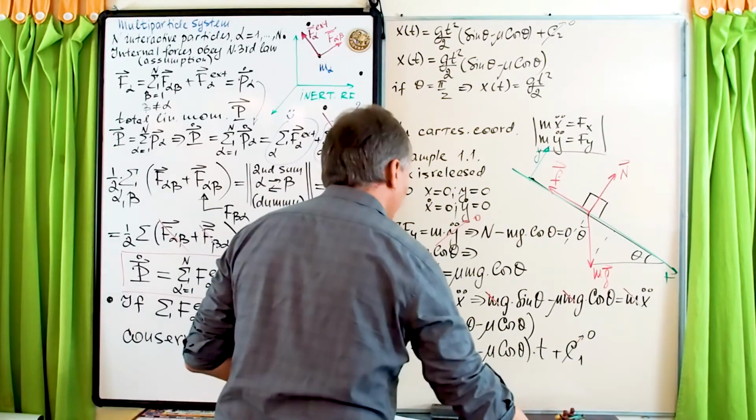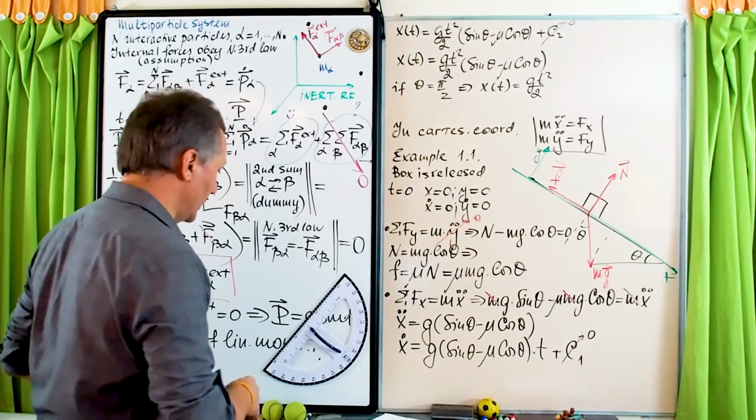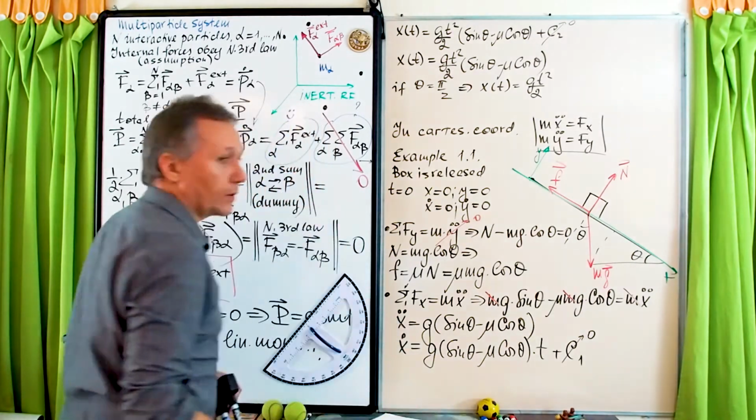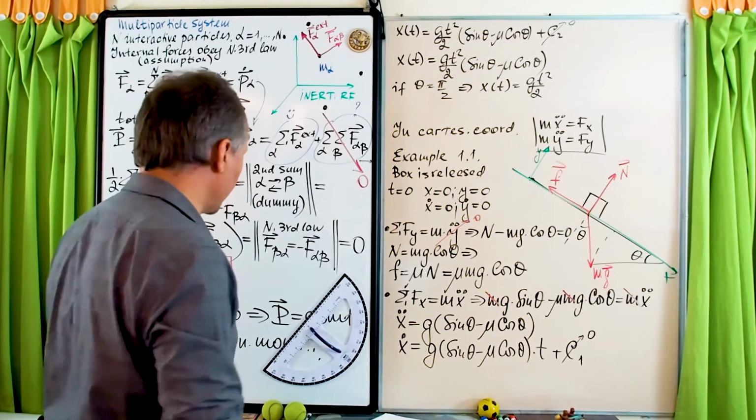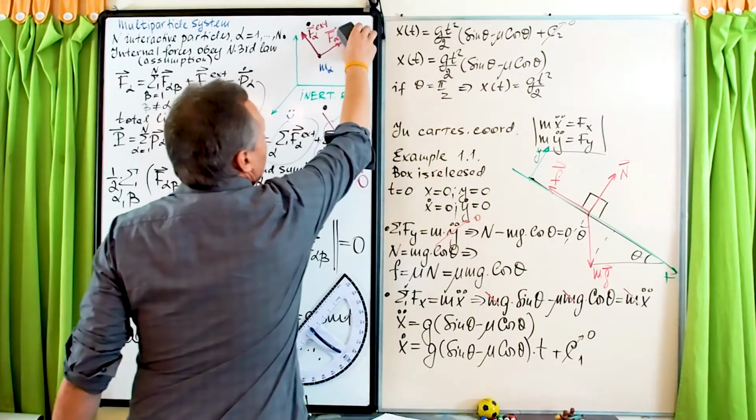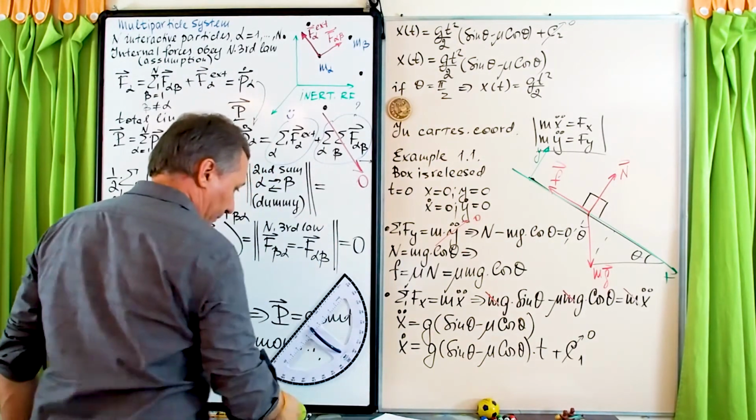Good. Again, in a few classes we will recall these results in order to compare. But for now, just an application of Newton's second law, a trivial application in this situation.